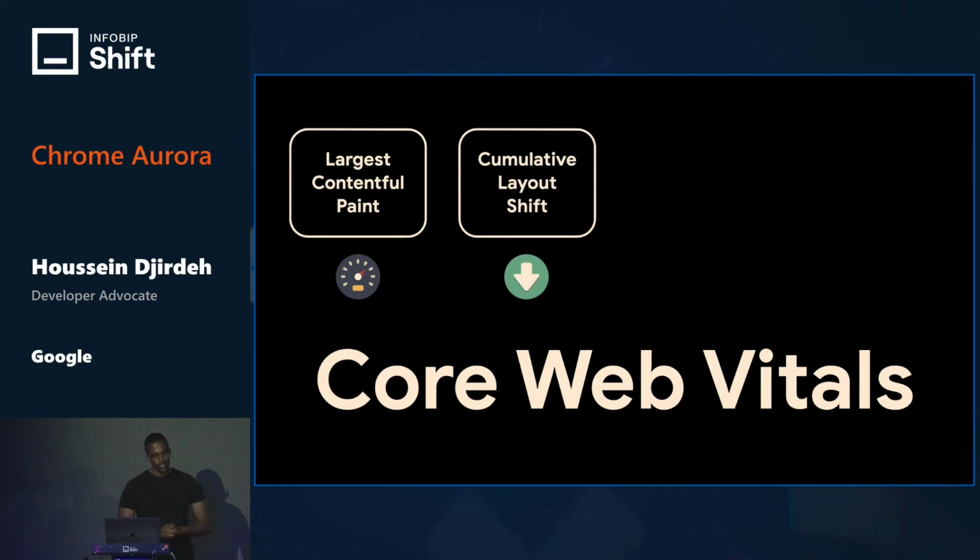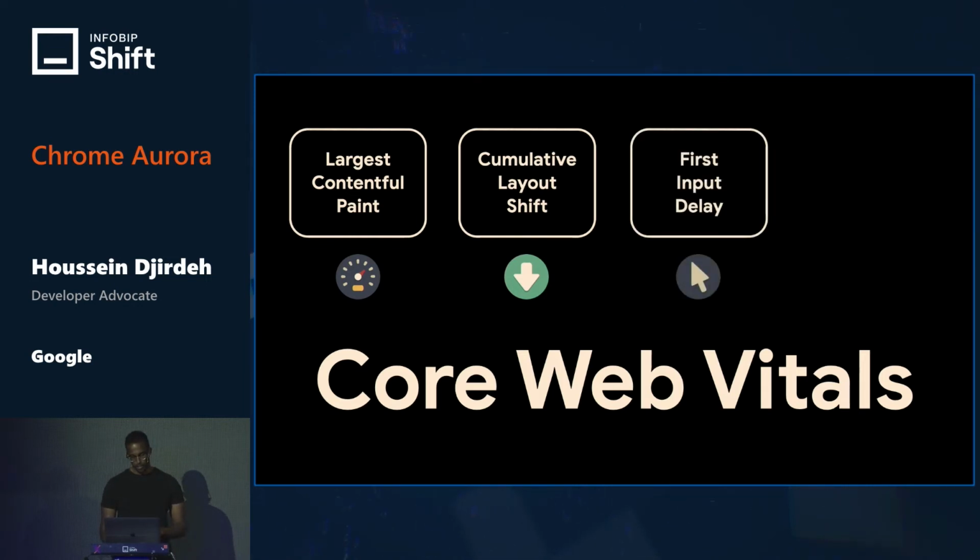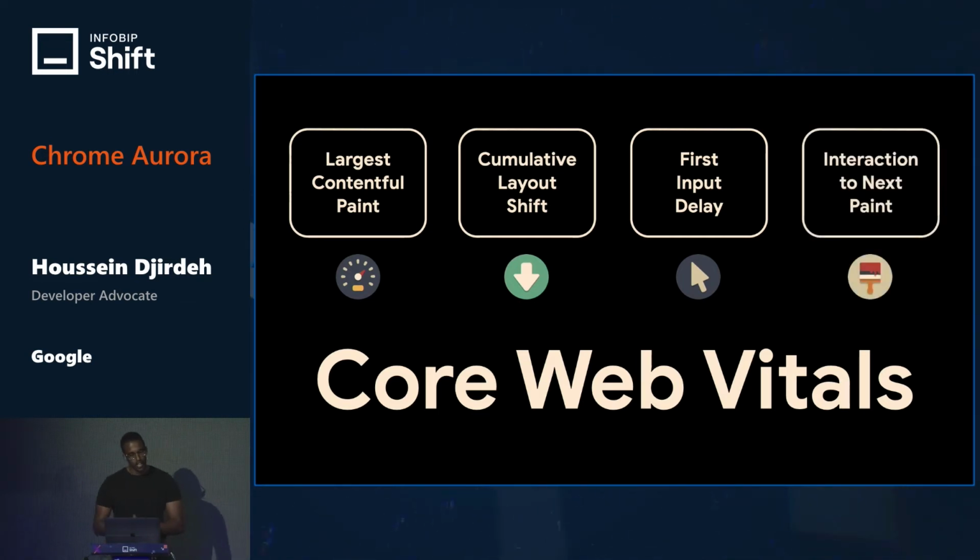Cumulative layout shift, which measures visual stability by calculating the number of layout shifts that occur during a page session. First input delay, which measures how long it takes the page to respond after that first user interaction. And finally, interaction to next paint, a still experimental metric that assesses the overall responsiveness of the page by measuring all click, tap, and keyboard interactions.